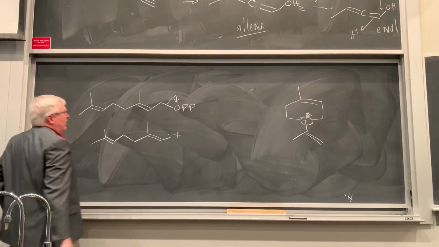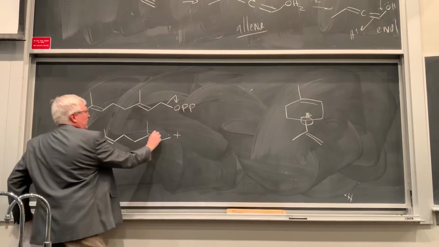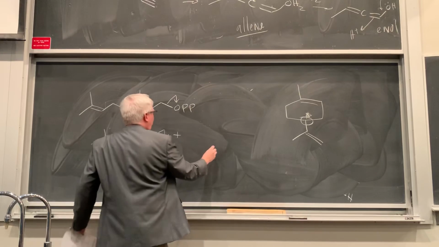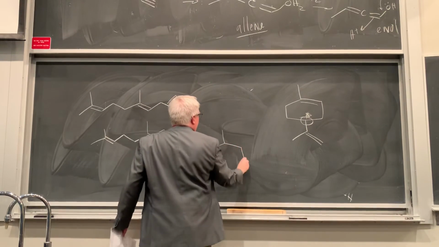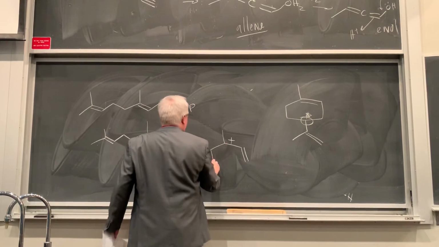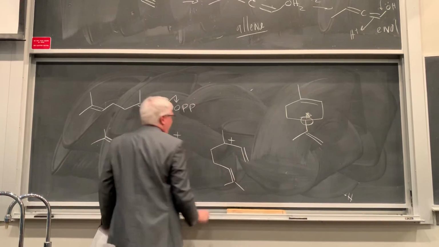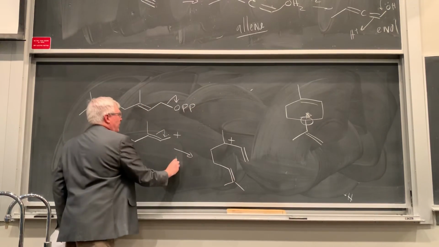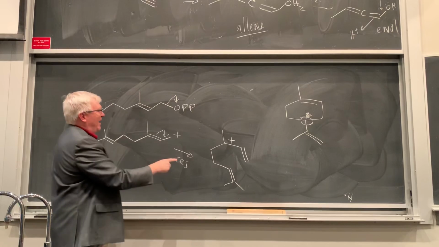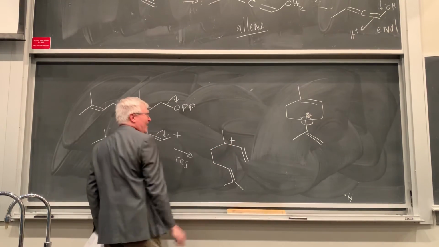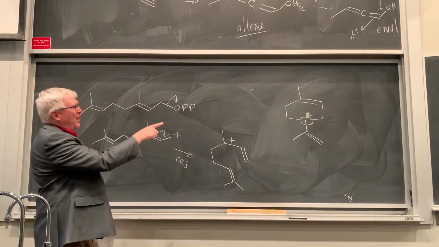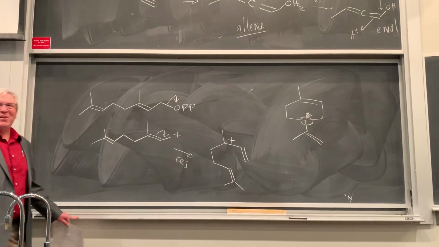We can draw some resonance structures of that, one of which would be this, where then we have the carbocation right there. And notice I'm switching the conformations here. I'm also rotating around this bond right here. And that puts you in a position, I think, to form limonene a little more directly.